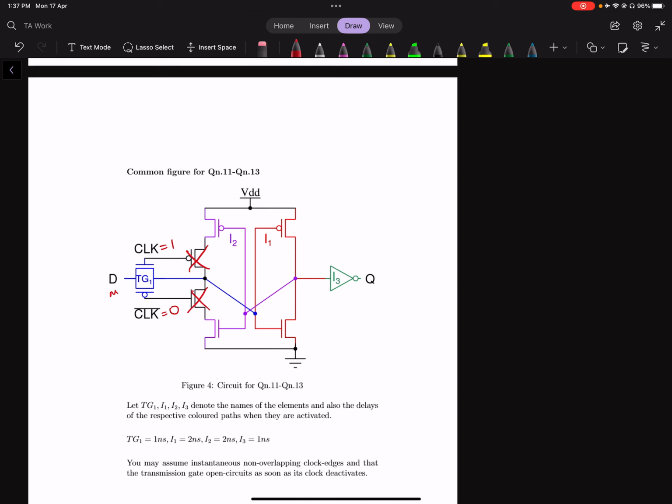The setup time is the amount of time before the sampling edge closes that the input D must become stable. It's just going to be the amount of time it takes for this portion of the circuit to stabilize, what I've drawn here, which is just Tg1 plus I1 plus I2.